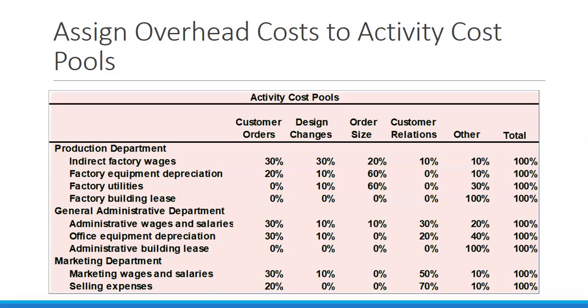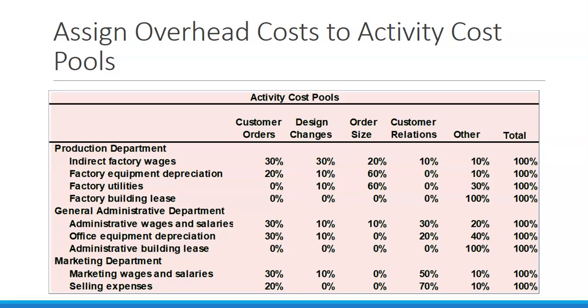You can see that some activities get 0%. So, for example, we don't feel that the utilities or building lease or depreciation fall under customer orders or customer relations. However, a lot of the marketing department's costs end up under customer orders and customer relations.